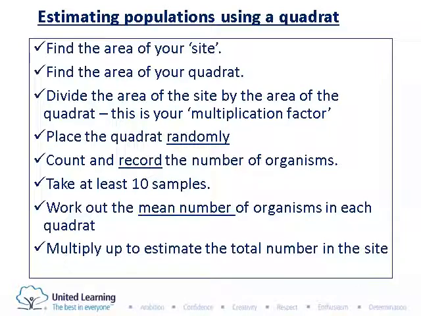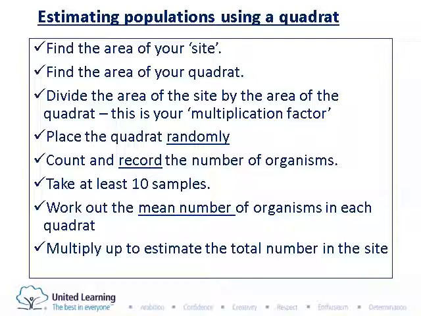And what I then do is I multiply my mean number to estimate the total number in the site. So if my mean number per quadrat, let's say, is 20 dandelions, remember that the multiplication factor I worked out earlier was 20.